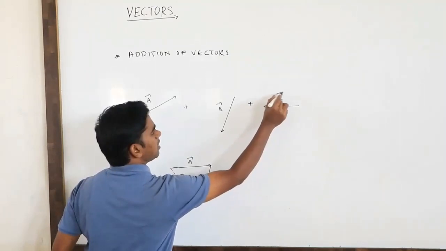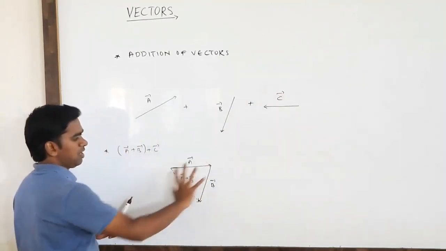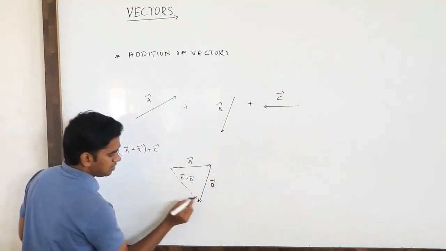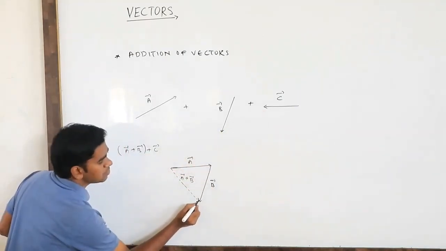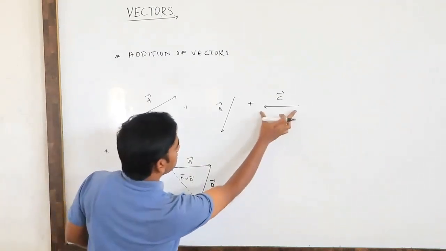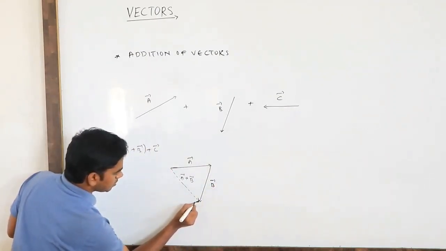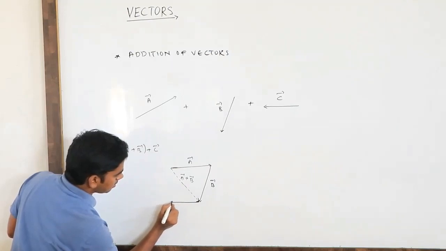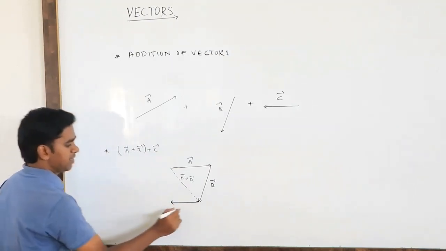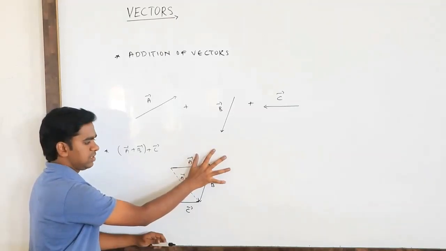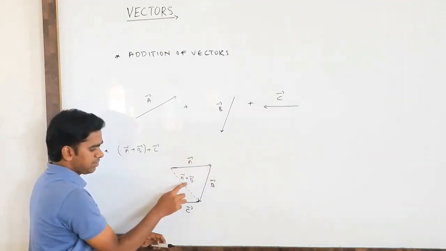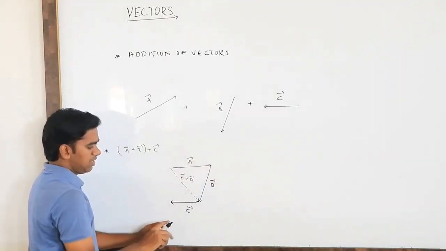Forget about these two; C will be here, and its length is a little less. Now A plus B is there, and this is C. So where is your resultant?